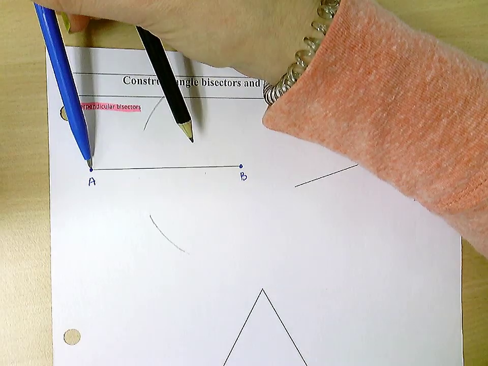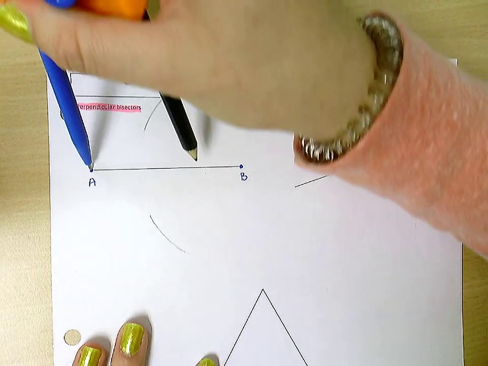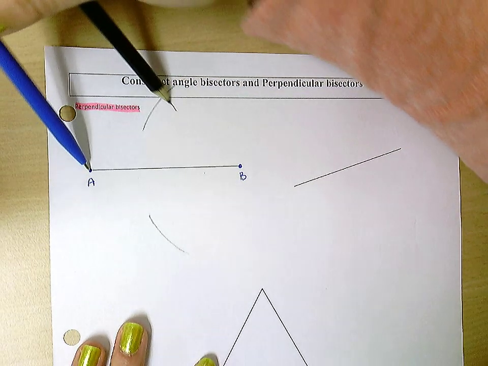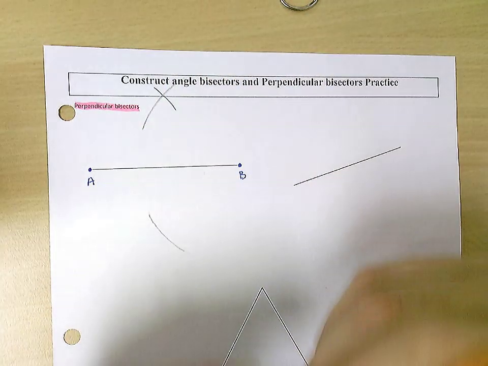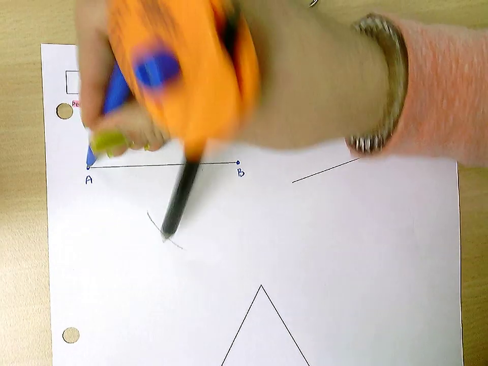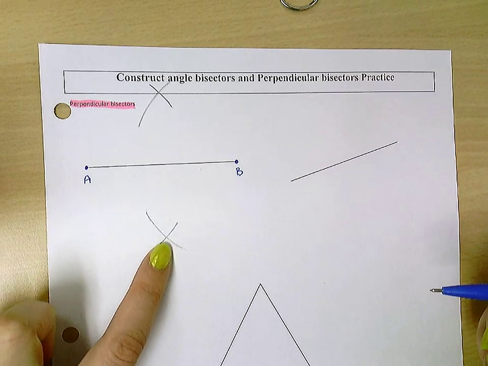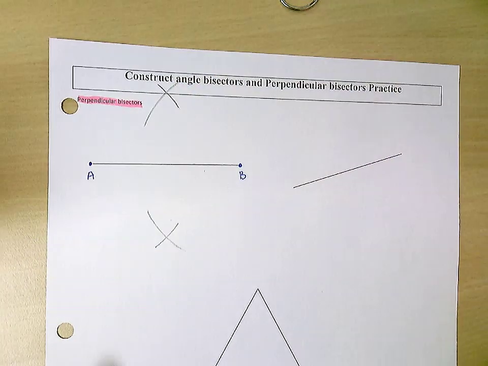Again, keeping it that same distance. Don't change it since we used point B. You're going to make that arc on the top again with your compass and on the bottom. So you should have an intersection point below your segment and above your segment.